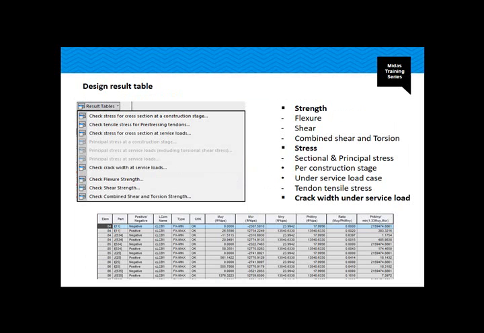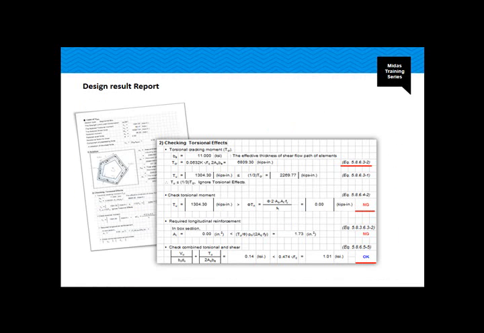While the program performs the design check, we can obtain the different result tables as for the strength, the flexure, the shear, the stress, sectional principal stresses, shear strength, combined shear and torsion strength, and everything is provided to you in a table and also in an Excel format.